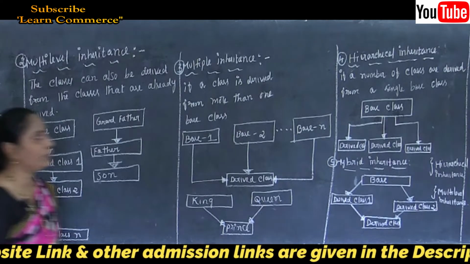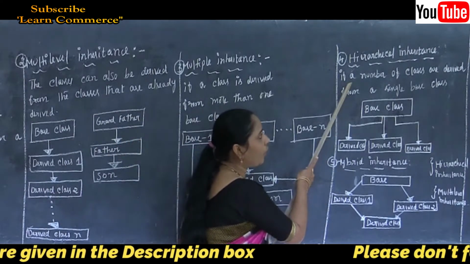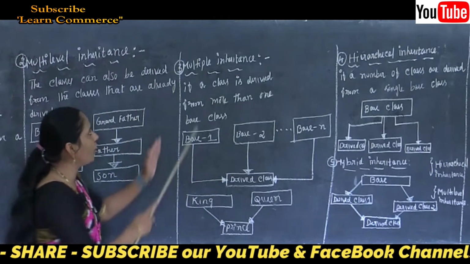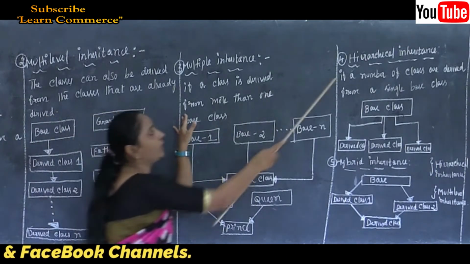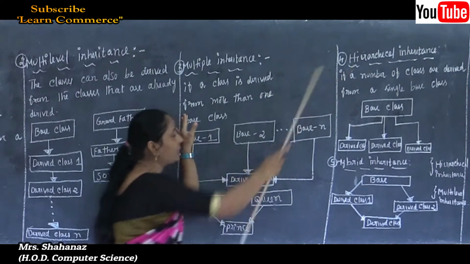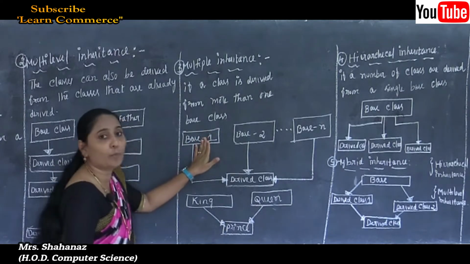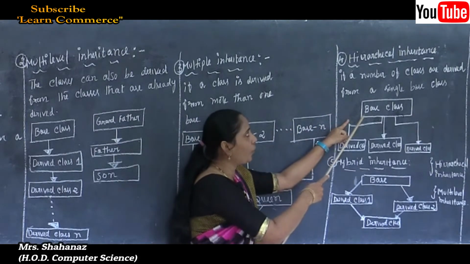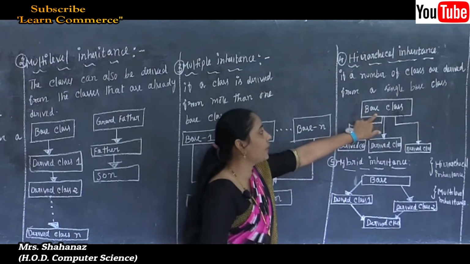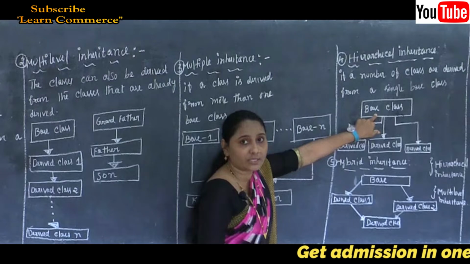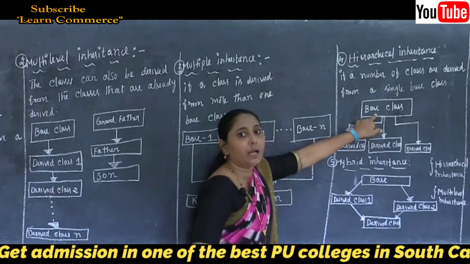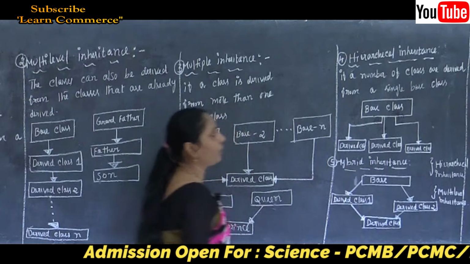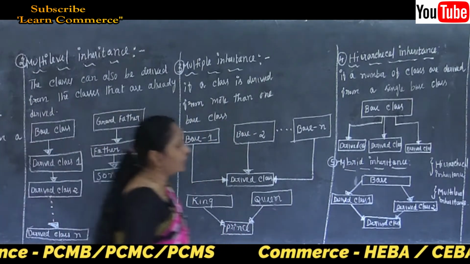In hierarchical inheritance, a number of classes are derived from a single base class. When you compare it to the third point, multiple inheritance, there we use more base classes to construct one derived class. But in the fourth type, hierarchical inheritance, by using one single base class we construct a number of derived classes. So if a number of classes are derived from a single base class, we can give one example.